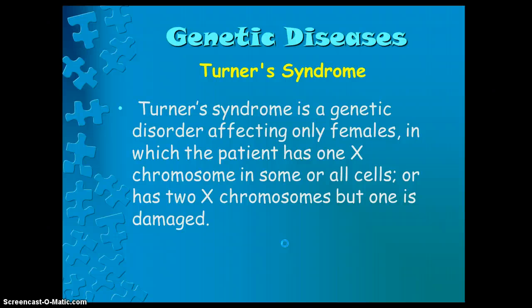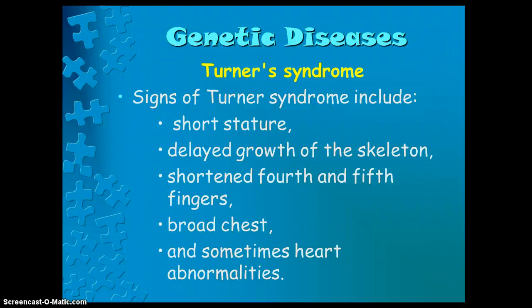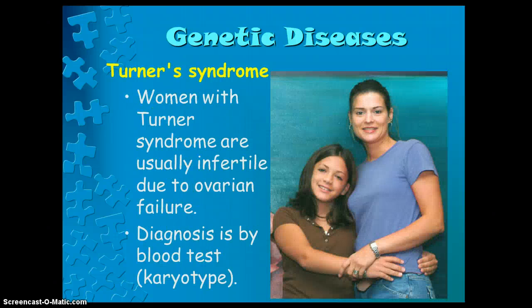Signs of Turner syndrome include short stature, delayed growth of the skeleton, shortened 4th and 5th fingers, broad chest, and sometimes heart abnormalities. Women with Turner syndrome are usually infertile due to ovarian failure, and diagnosis is by a blood test or a karyotype.